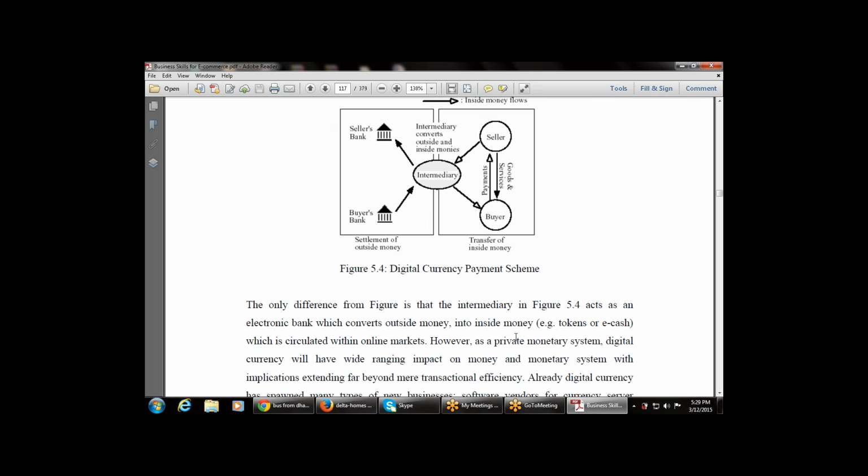However, as a private monetary system, digital currency will have wide-ranging impact on money and the monetary system, with implications extending far beyond mere transactional efficiency.